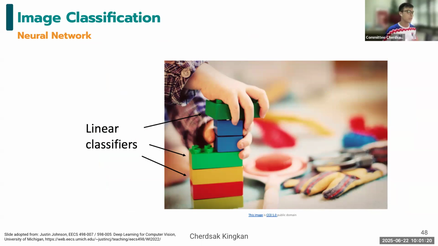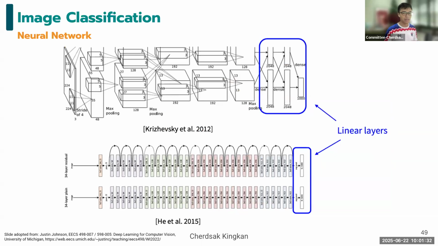When we talk about neural networks, we will often see a linear classifier as a part of them. If you look at a neural network as a Lego stacking of layers, linear layers will always be part of the neural networks.